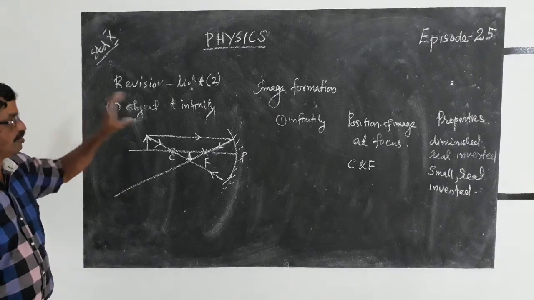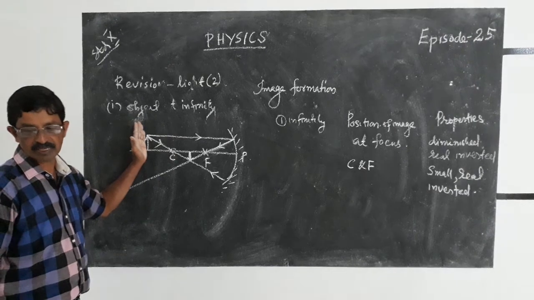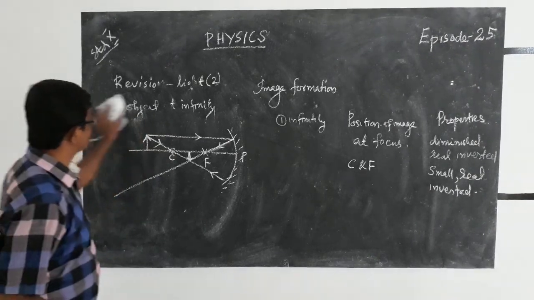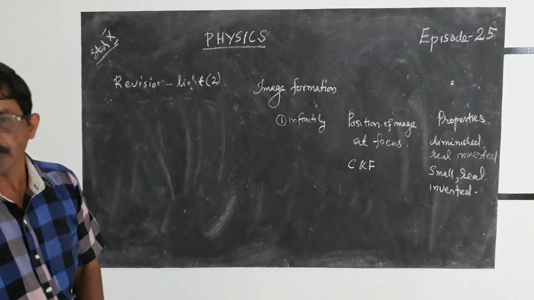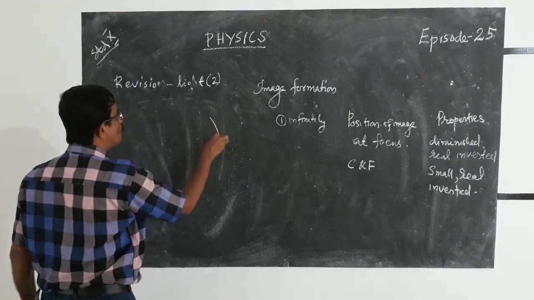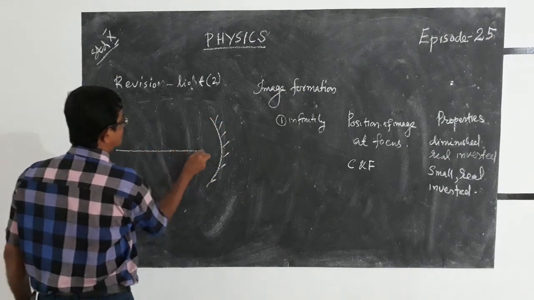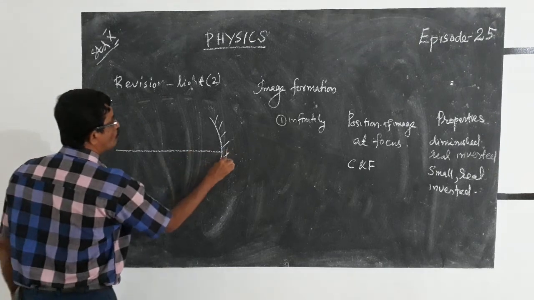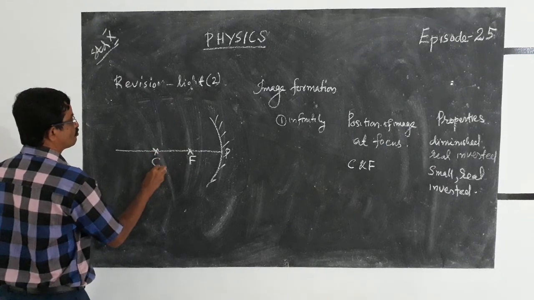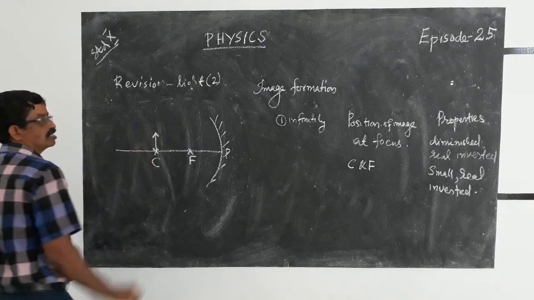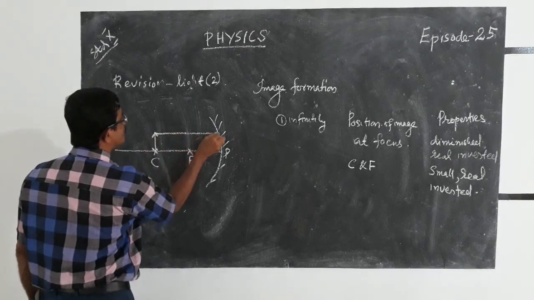So here the object is placed just behind C. Now in another case, we are going to place the object at C. This is the pole, focus, and C. The object is at the center of curvature. First we consider a ray parallel to the principal axis.